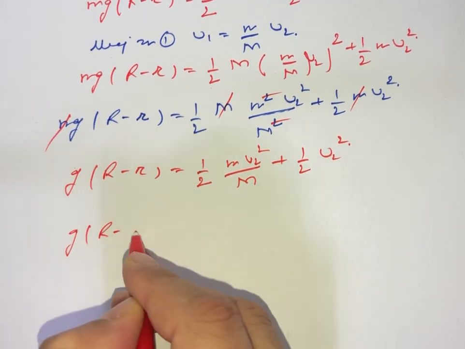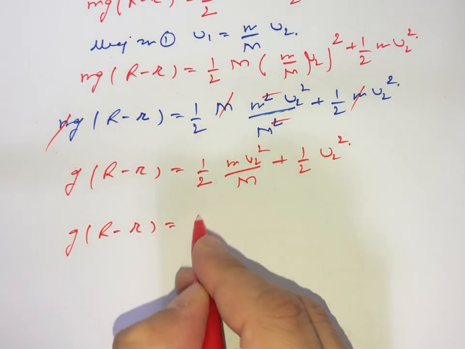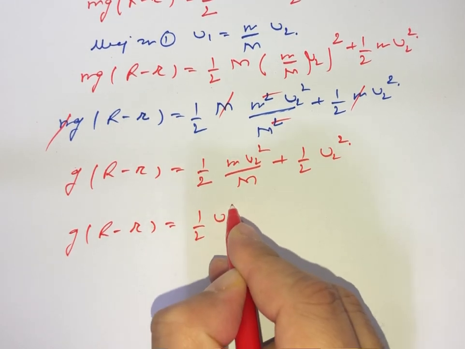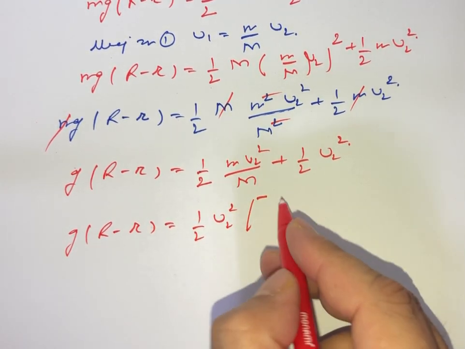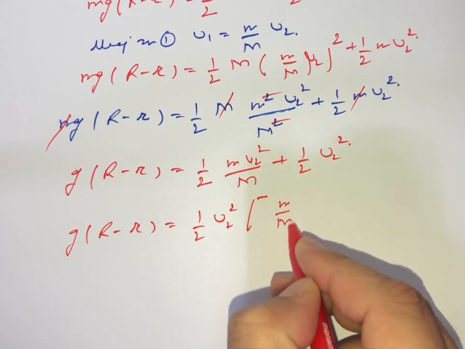We can solve it further. We can take half v2 square as common, and we are left with m over capital M plus 1.